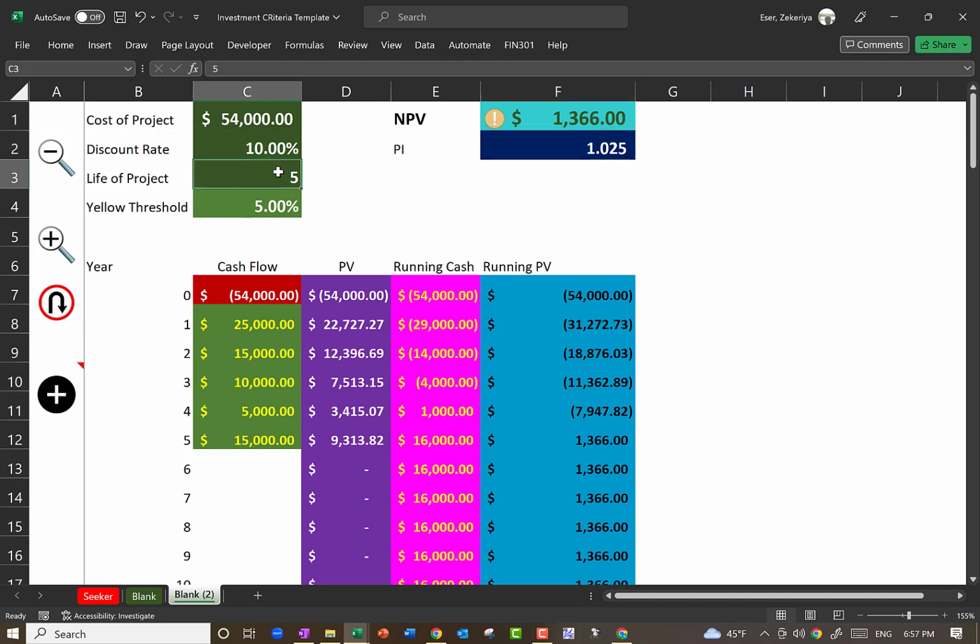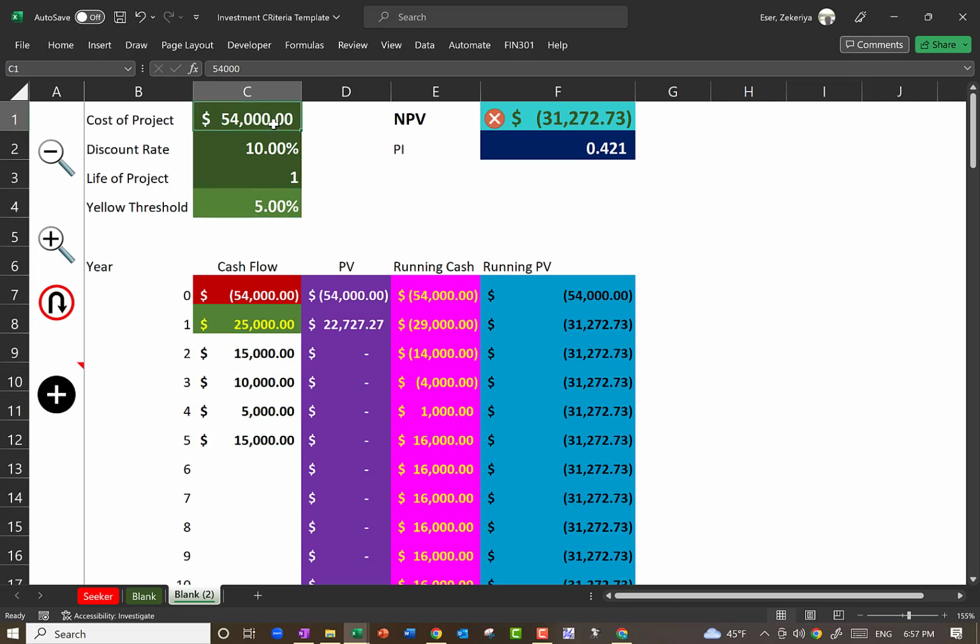So let's do a project. 100,000. Oh, I'm sorry, 90,000. And now you understand why I did that conditional formatting. I don't have to worry about any other number, just the one.